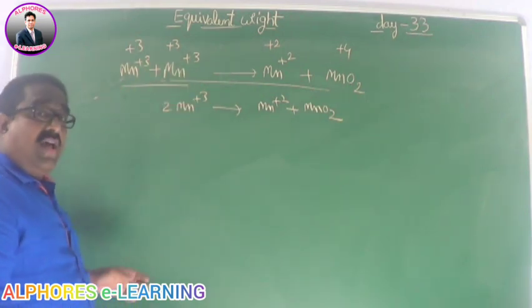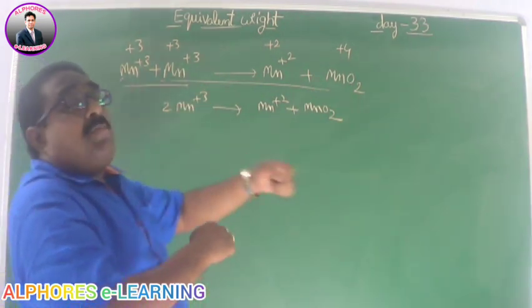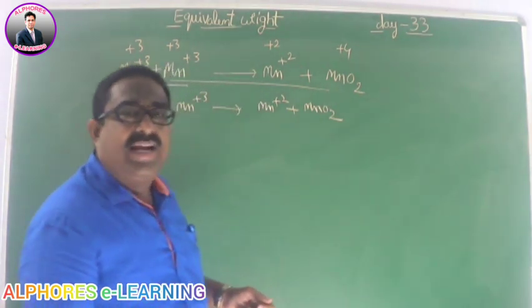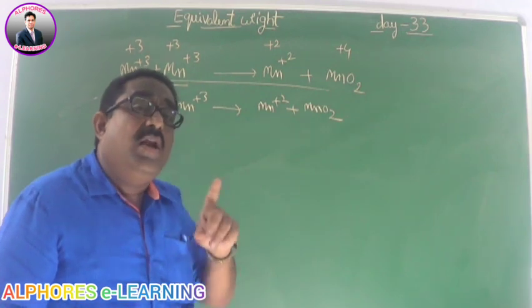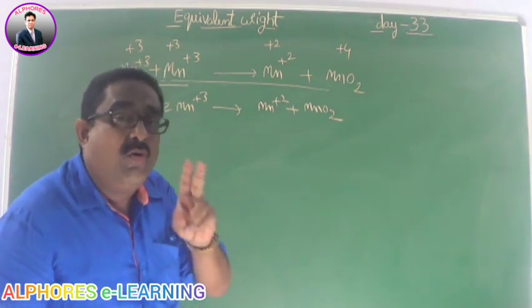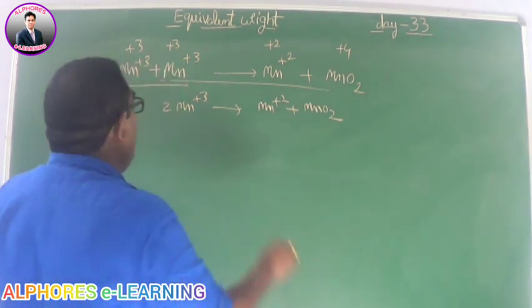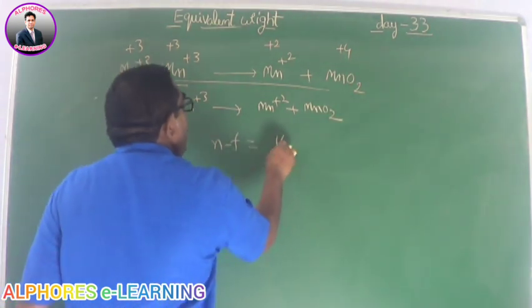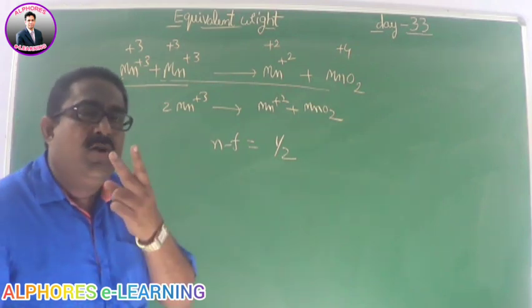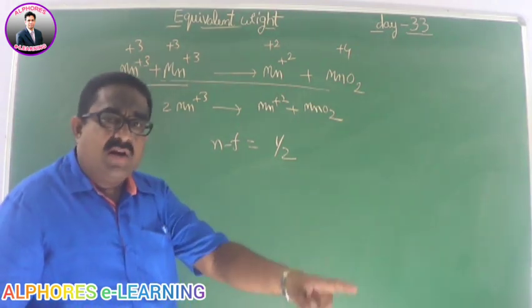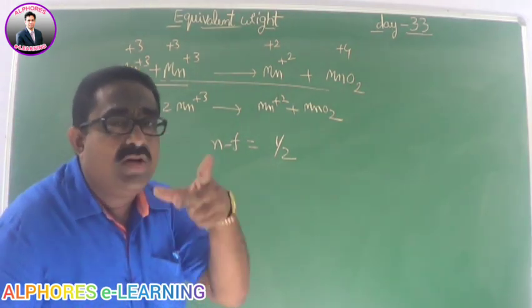One Mn3+ ion is losing an electron, another Mn3+ ion is accepting the electron. So there is transfer of only 1 mole of electrons between 2 Mn3+ ions. So the N factor is 1/2 because 1 electron is transferred between 2 species. 1 mole of electrons is transferred between 2 moles of Mn3+.